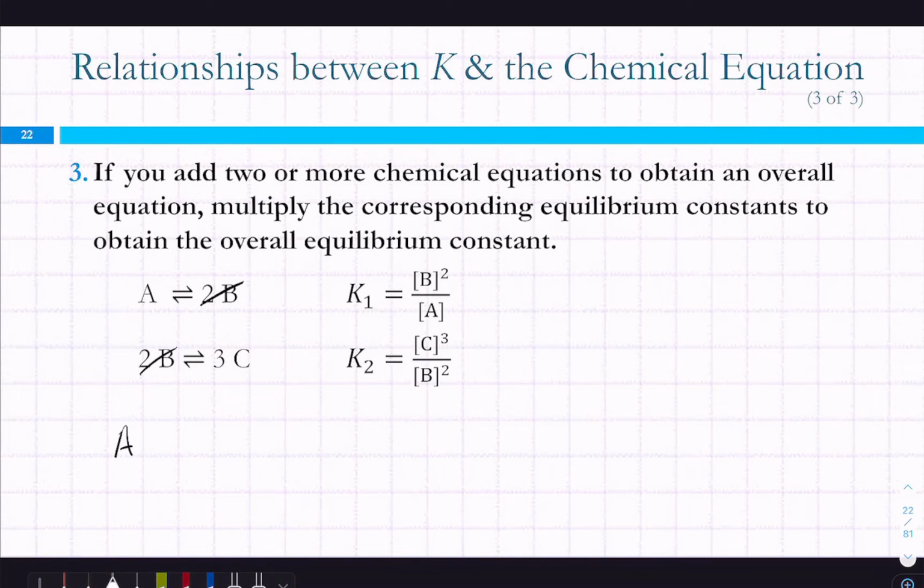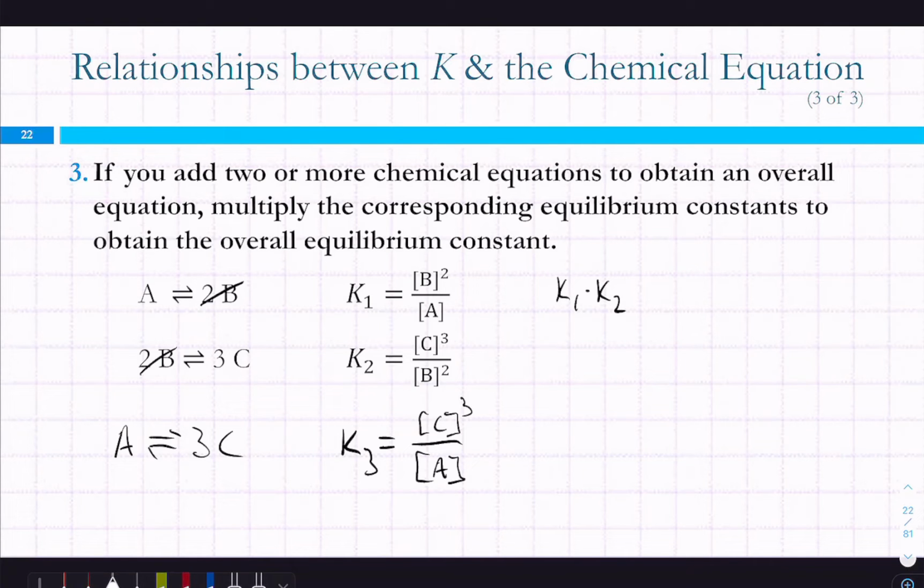So the resulting reaction is just A going to 3C. So we would expect K for this, and I'll make this K3, to equal C raised to the third over A. And that's actually just K1 multiplied by K2.